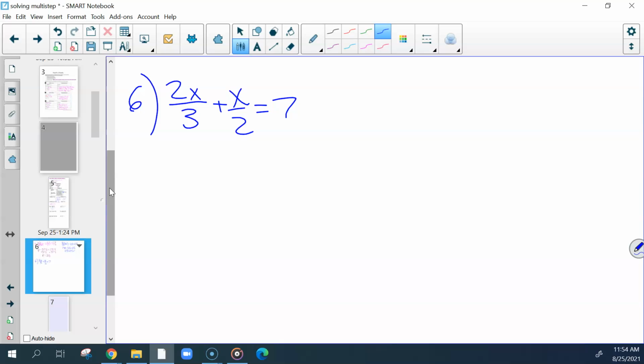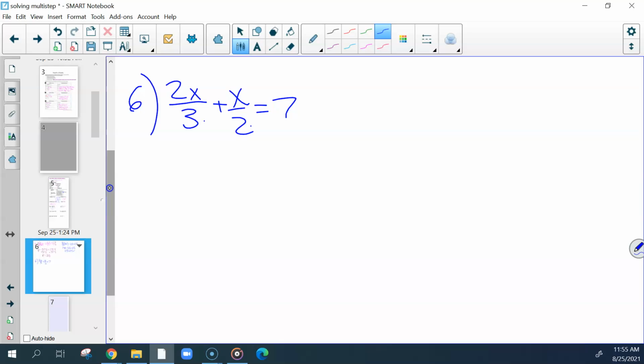We'll do both. With the fractions, the only way that I could combine these two fractions is if they have the same denominator. In order to get them to have the same denominator, I need to change these denominators. Think of multiples of 3 and multiples of 2.